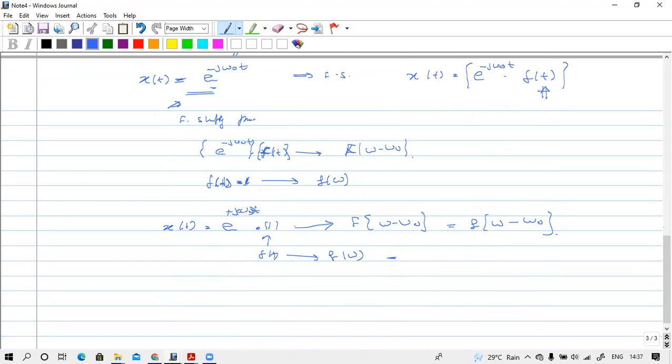So you will get delta(omega plus omega naught). That is the answer. We used the frequency shifting property to evaluate this.